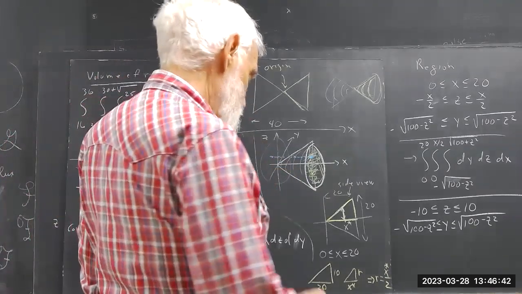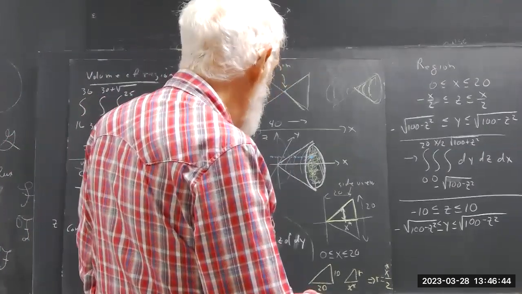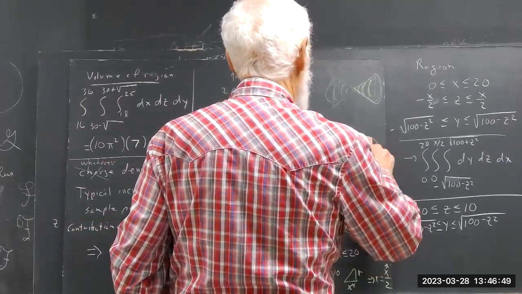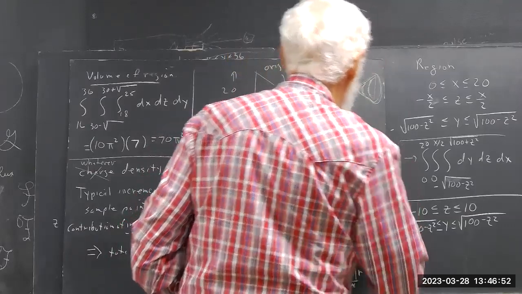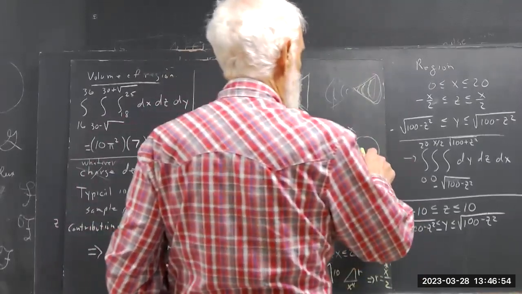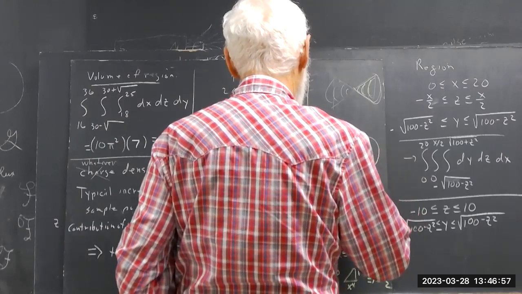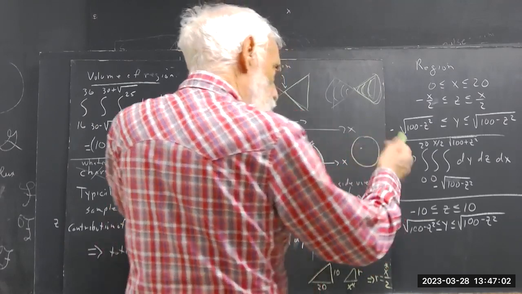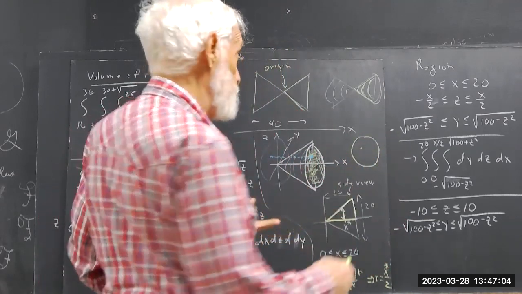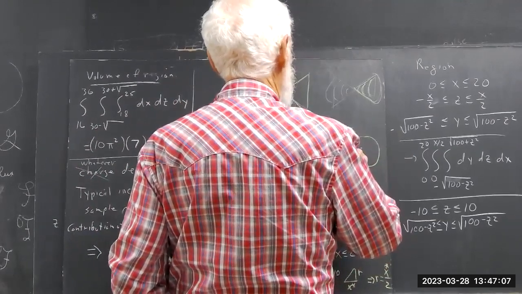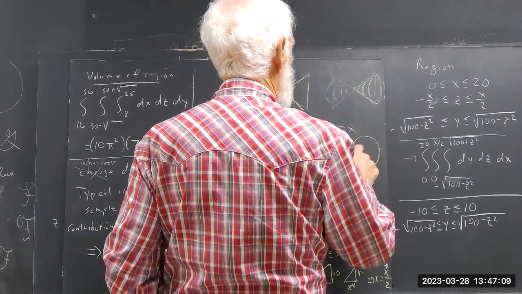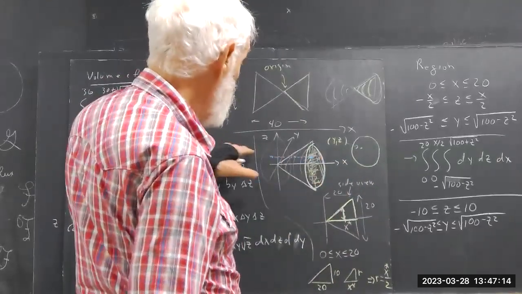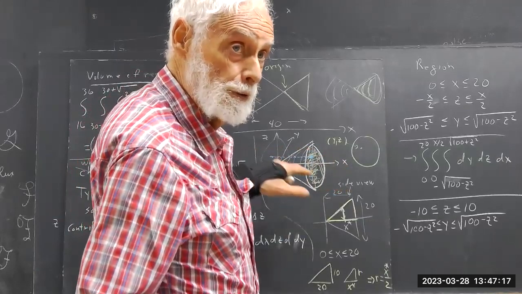So I've got to look at this thing at the end view. I've got a y and a z. Let's just say this is in the yz-plane. The yz coordinate here is the same as the yz coordinate everywhere on this projection line.